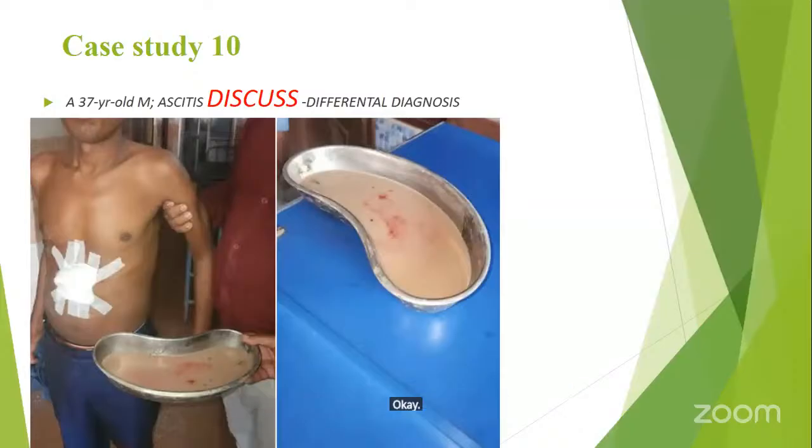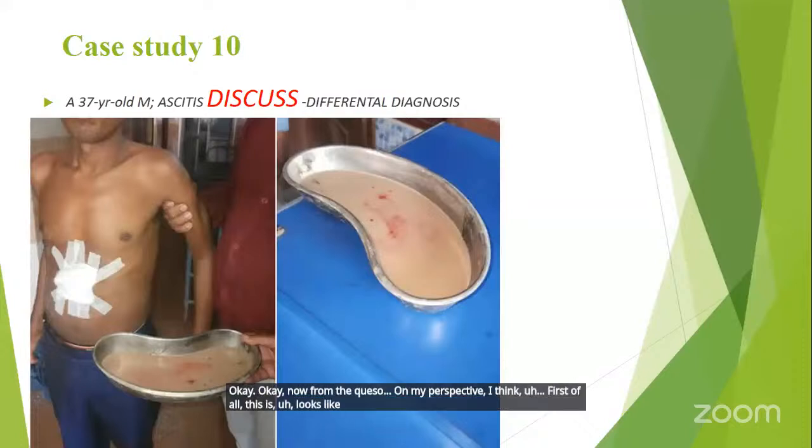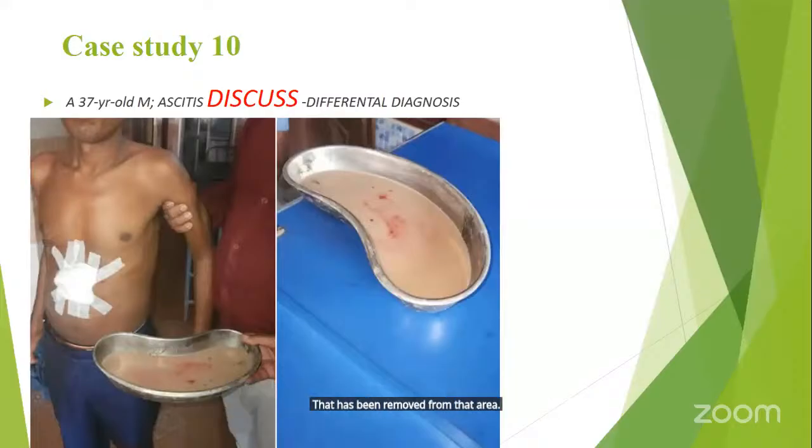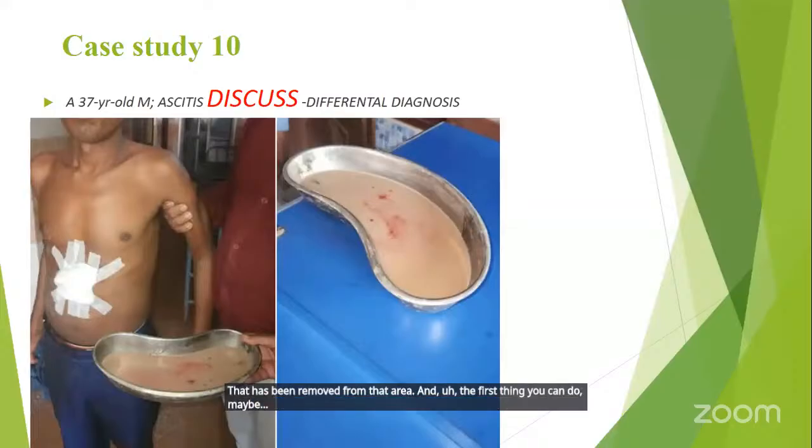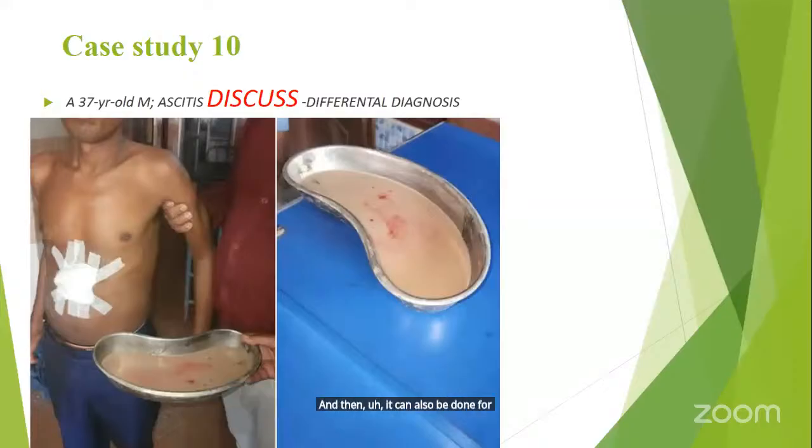Okay, now from the case, from my perspective, I think first of all, this looks like pus that has been removed from that area, and the first thing you can do, maybe you can do gram staining on the sample. Then it can also be done for KOH to check if there are fungal elements.